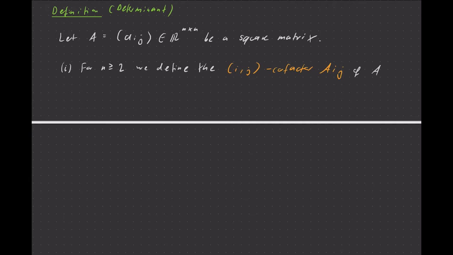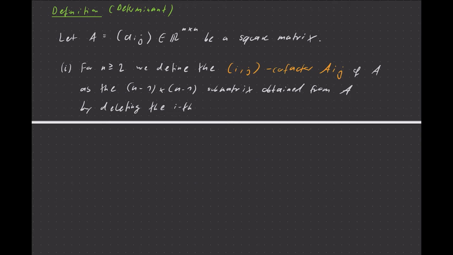So this is defined as the n-1 by n-1 submatrix obtained from A by deleting the ith row and the jth column.